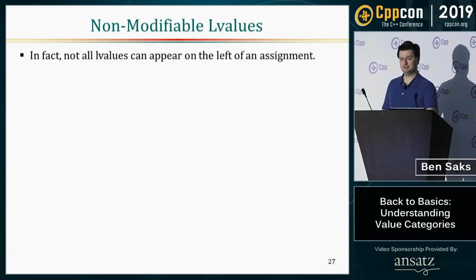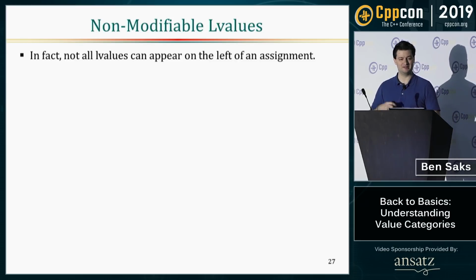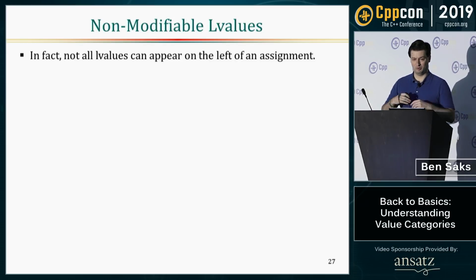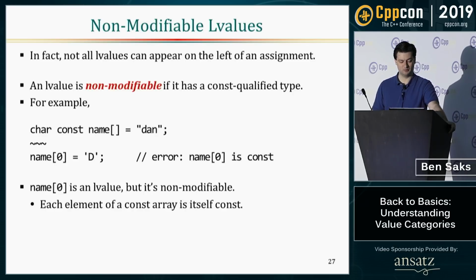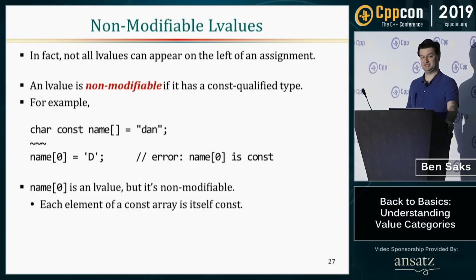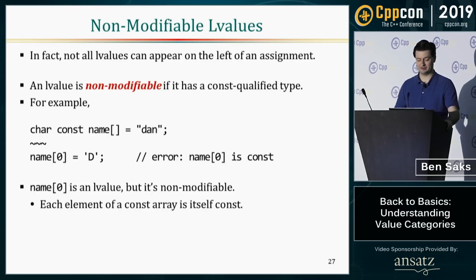So it turns out there are lvalues that actually can't appear on the left-hand side of an assignment statement. This is one of the cases where once C++ got involved, those concepts became more complicated. Because in C++ we can have const objects, like this array name here.